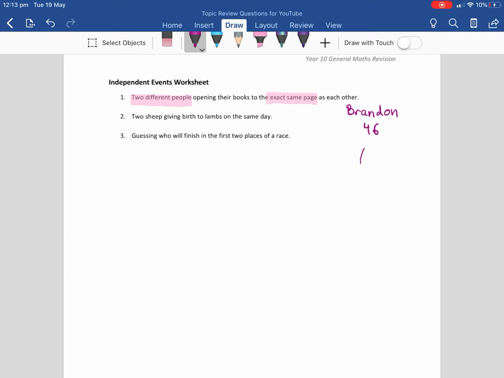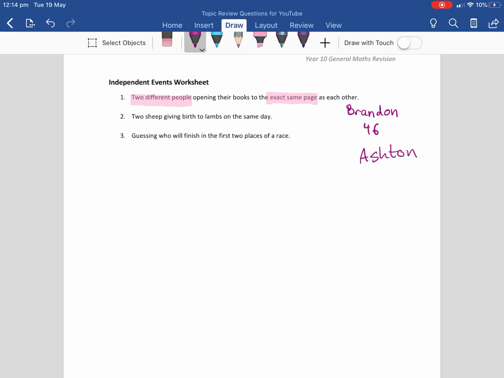When Ashton opens up his book, it doesn't matter that Brandon had opened his up to 46. Does the result of what page Ashton opens his book to depend on what Brandon opened his book to? No, it doesn't. It's completely random. They're different books, so it's not going to make a difference. Brandon opens up his book to a page, Ashton will open up his book, and they don't depend on each other.